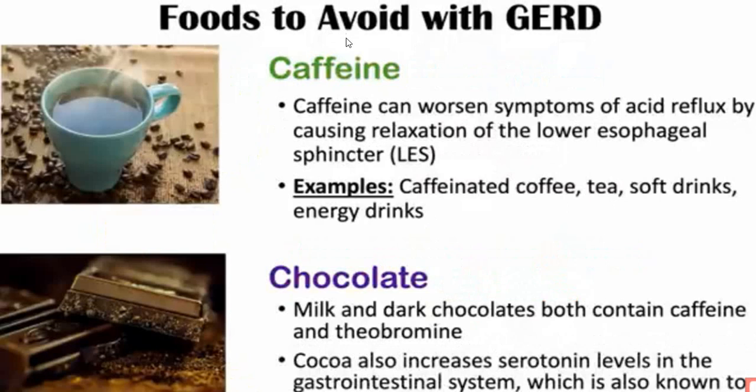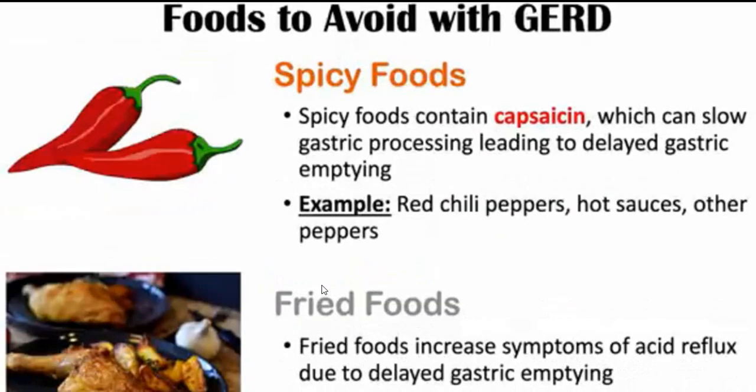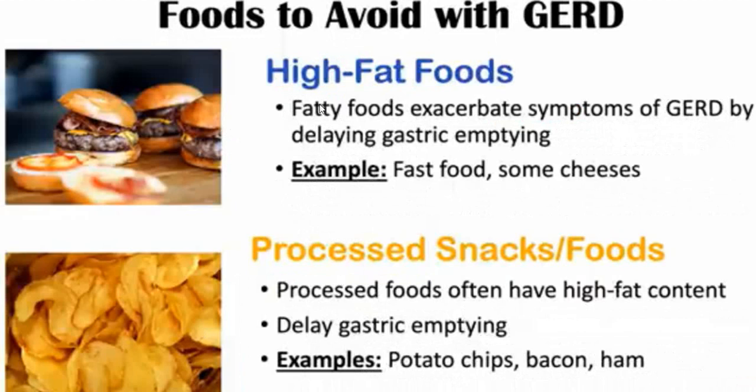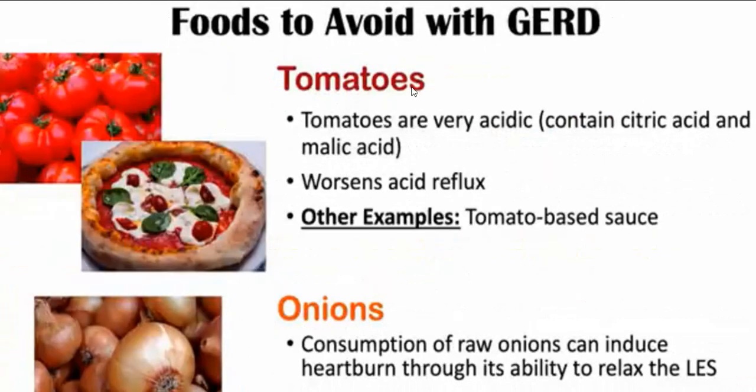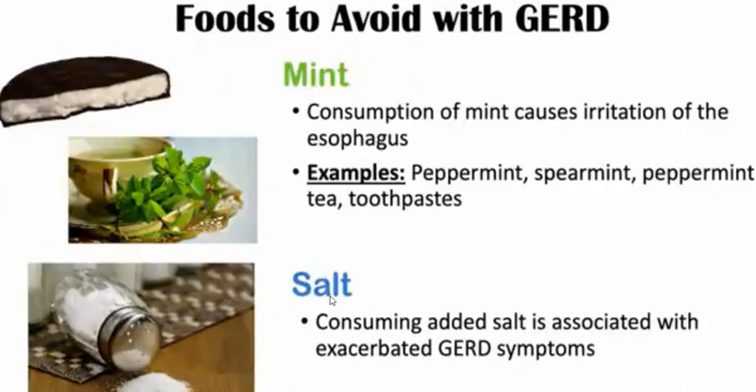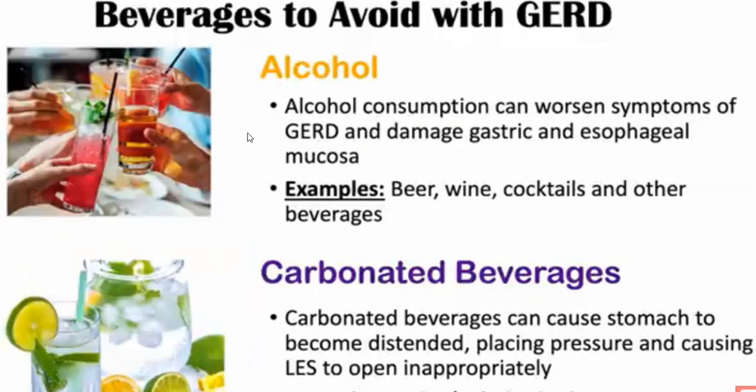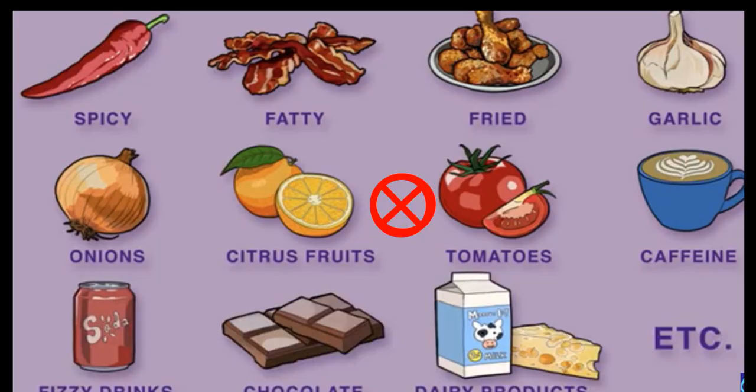Caffeine should be avoided, chocolate should be avoided, spicy food, fried food, high fat diet, and processed food should also be avoided, as well as tomatoes, onions, mint, excessive salt, alcohol, and particularly carbonated beverages. All this should be avoided as much as possible.